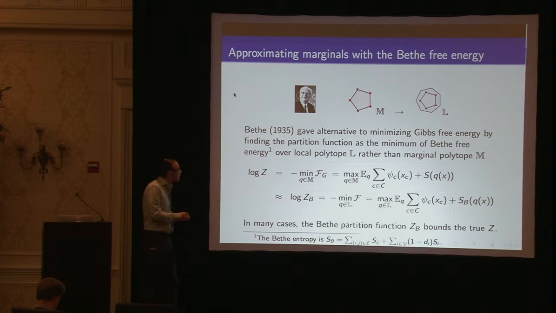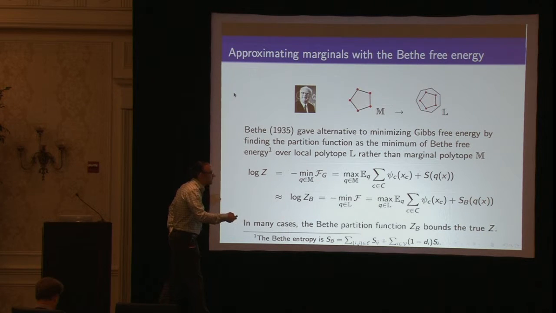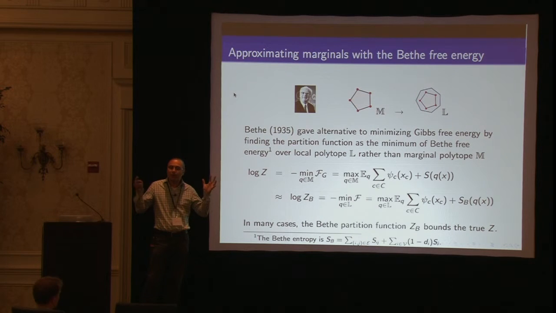But in 1935, he said, let's avoid this Gibbs free energy and work with this version, which is simpler. So instead of saying log Z equals this optimization of the Gibbs free energy, let's replace the entropy S. Instead of computing the entropy of Q, let's compute the sum of the pairwise entropies of pairwise marginals of Q. So approximate the big entropy of Q by an average over all its pairwise little 2x2 marginals.